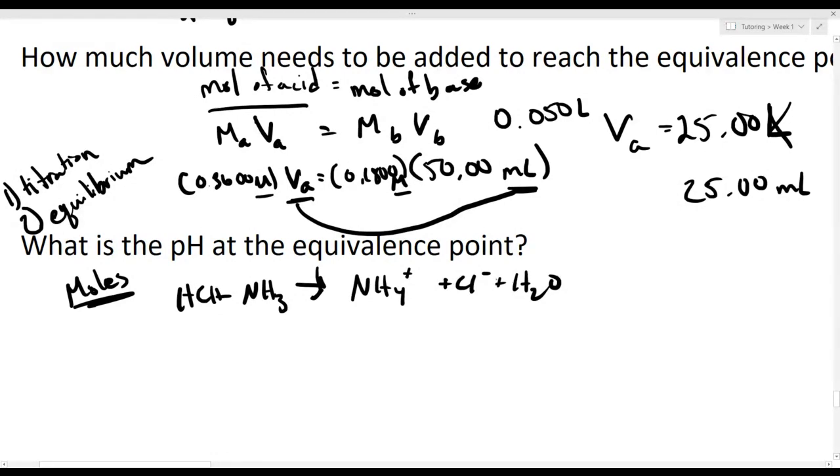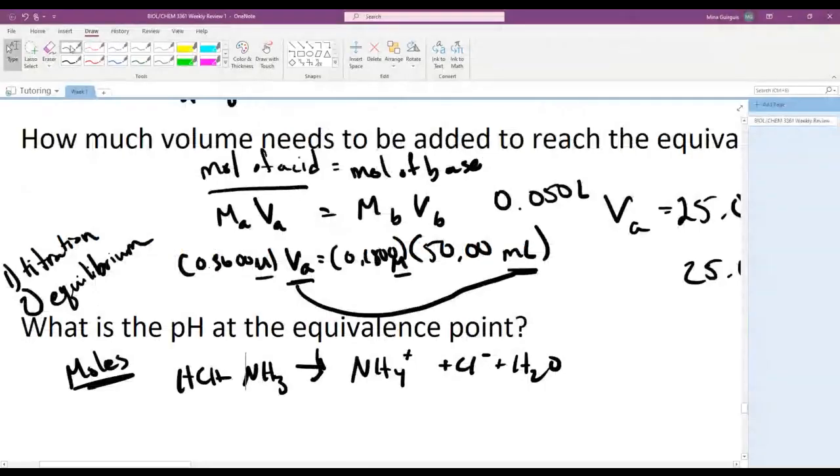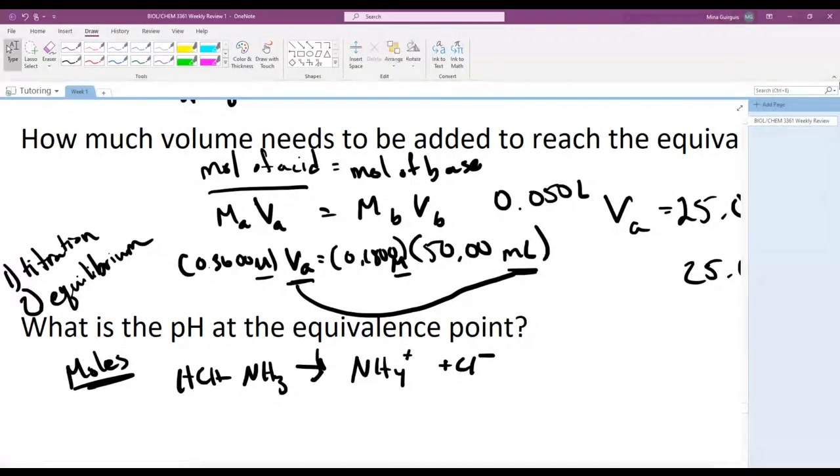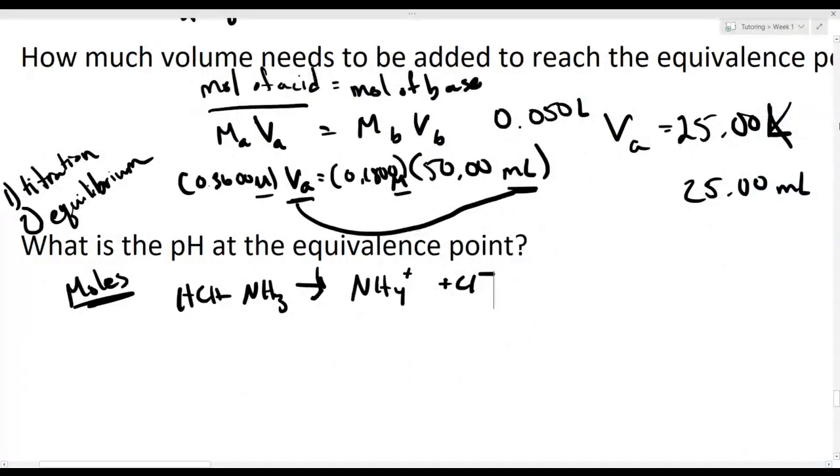I think this is just NH4+ and Cl-. Sorry, I am still learning OneNote, I apologize. Okay, let's get rid of that. Then I'm going to go back to full screen.